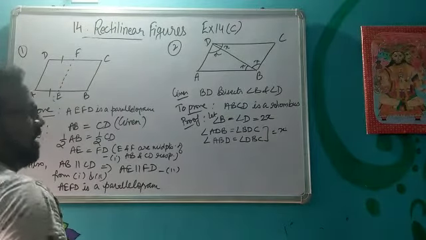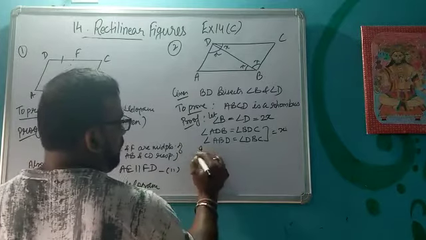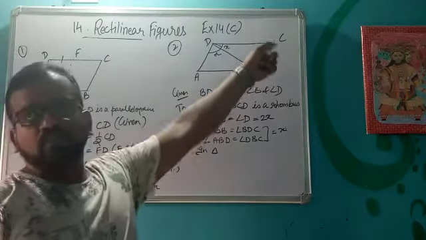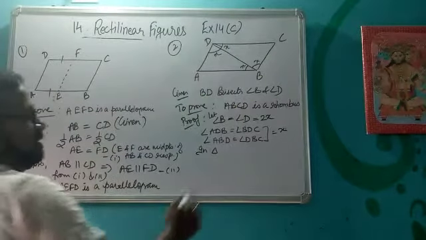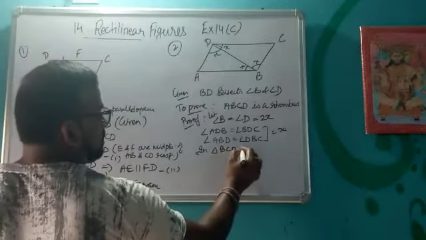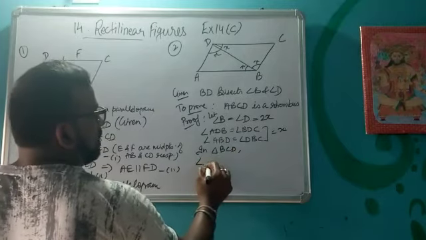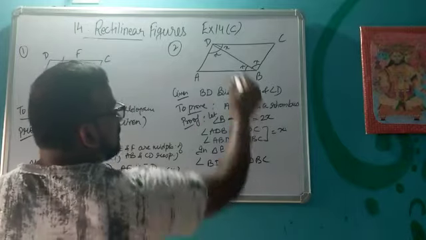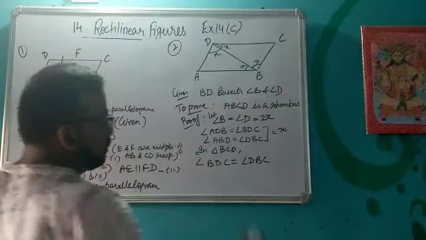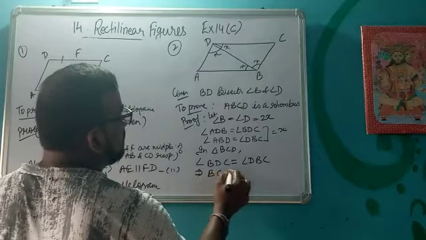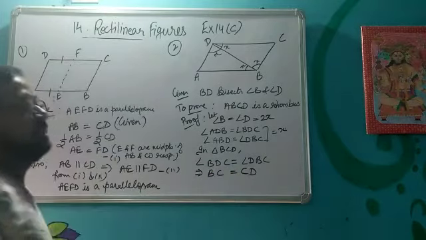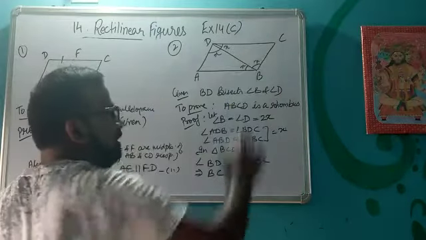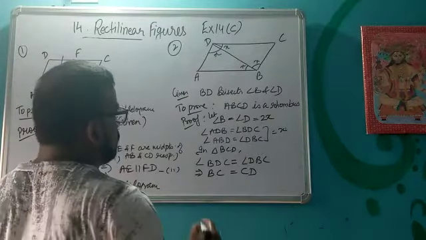Now if you see very carefully, in any of the triangles, either you take triangle ABD or triangle BCD. In triangle BCD, angle BDC is equal to angle DBC. These two are equal now. So we can say that BC equal to CD. Opposite angles are equal, so opposite sides are also equal to each other.